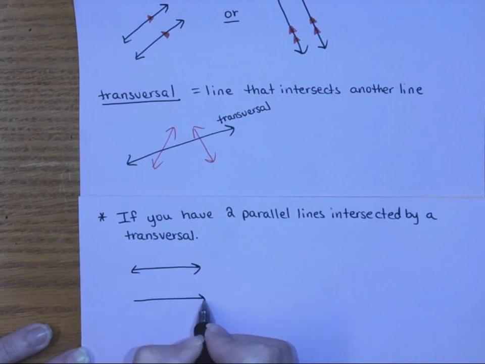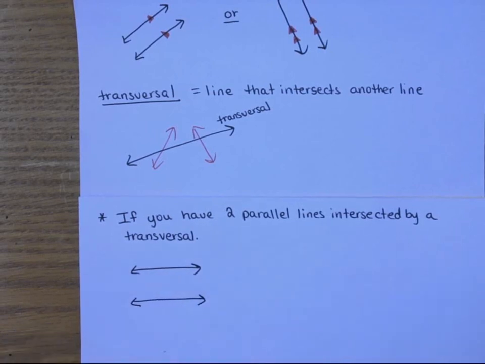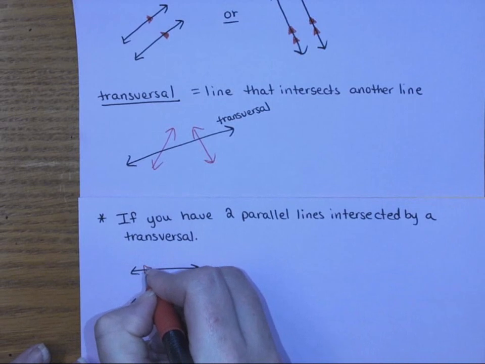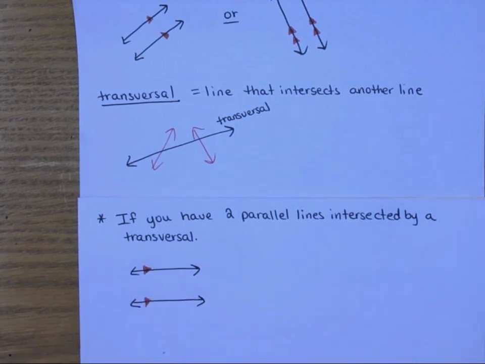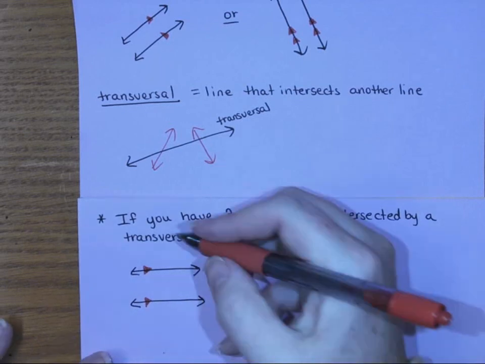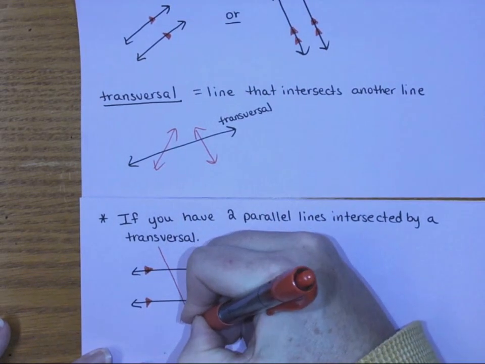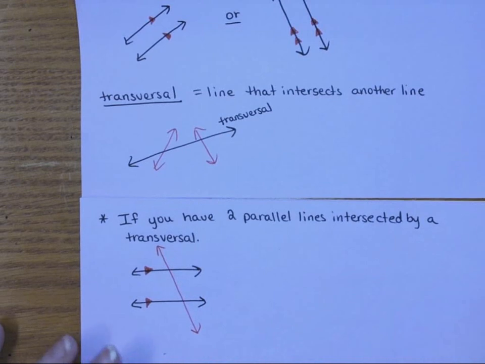Let's draw 2 parallel lines. Okay, and remember, how are we going to show that those are parallel? Well, we're going to match them up as far as how many triangles we put on it. And then let's say that the transversal cuts through it in some way.